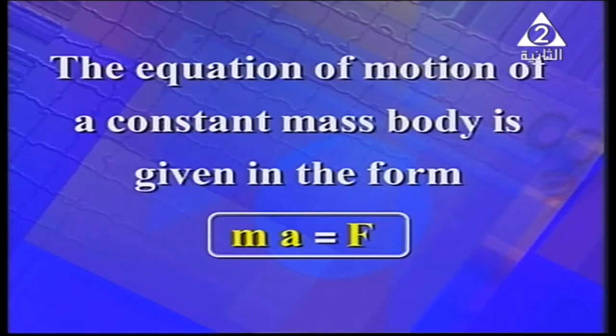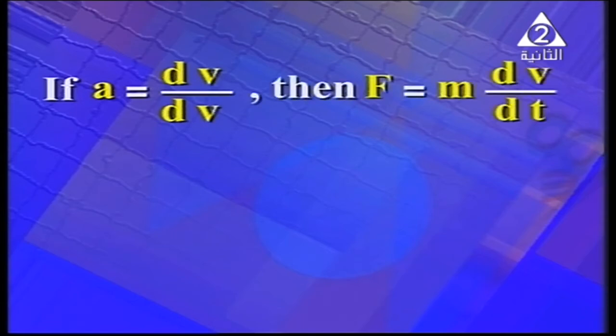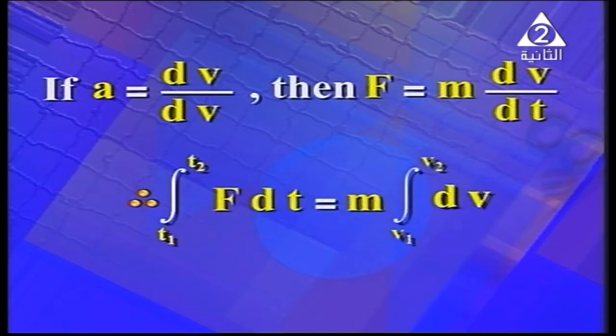The equation of motion of a constant mass body is given in the form ma equals F, where a equals dv by dt, then F equals m dv by dt. Integration of F dt from t1 to t2 equals m times the integration from v1 to v2 of dv.